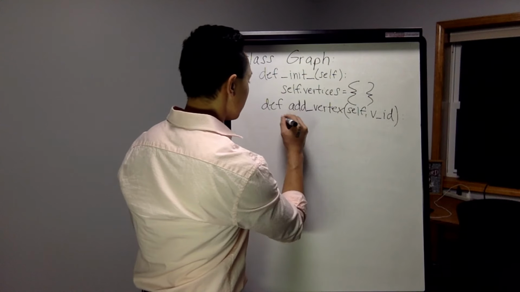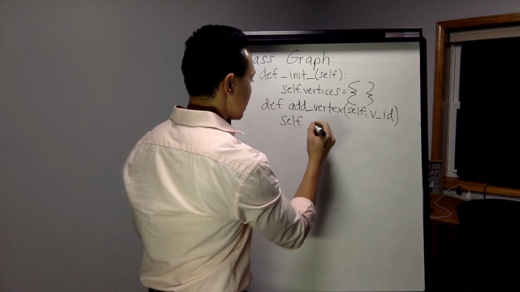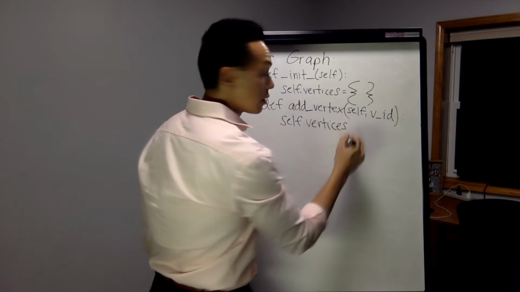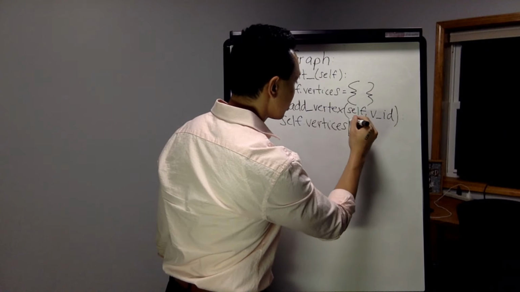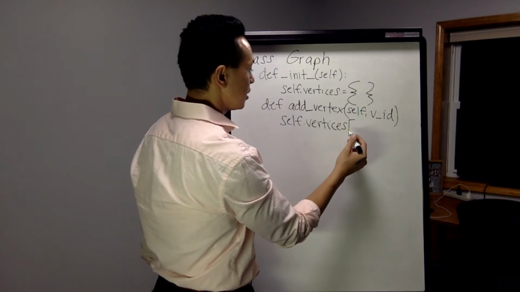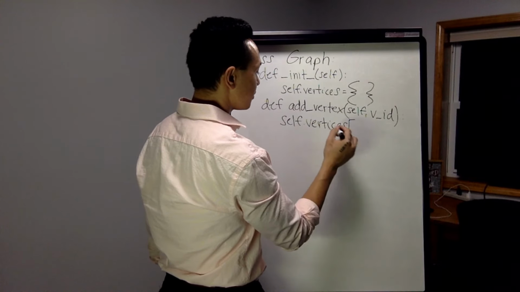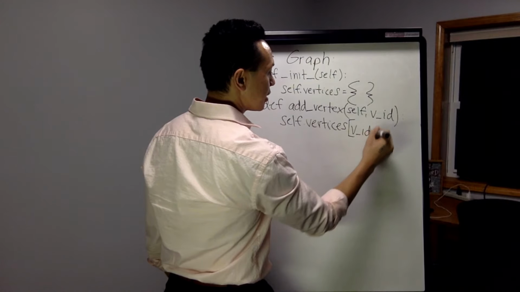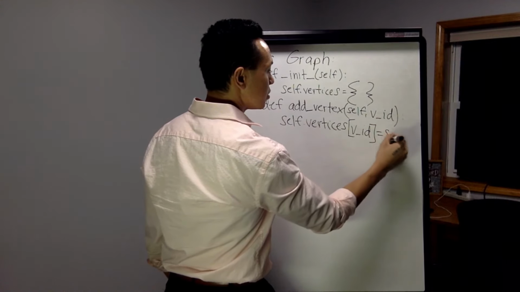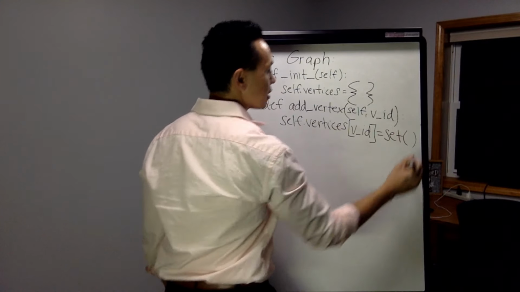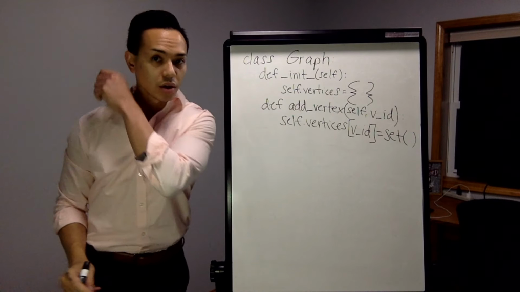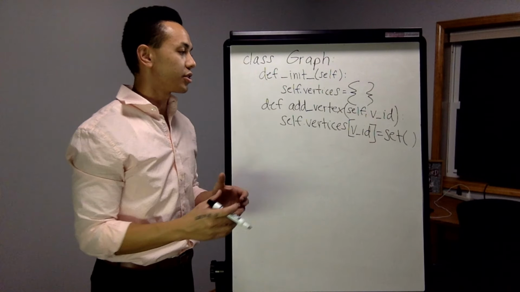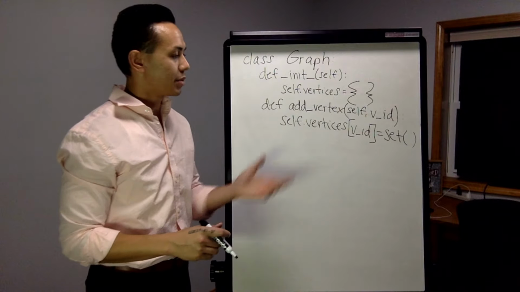So I'm going to put self.vertices, and then the bracket there, at the index of vertex ID is going to be equal to an instance of a set, right? And a set is just an unordered, unindexed collection of items in Python.